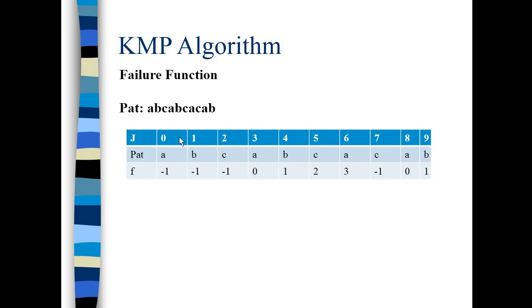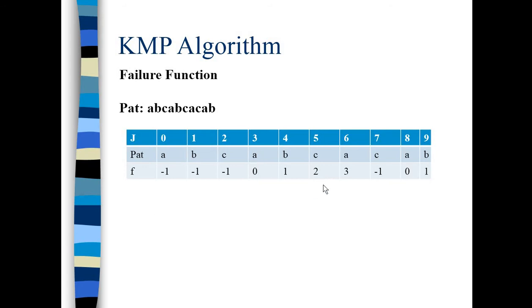Then there is a match, so the J value will increment by 1, so B. When B and B compare, this fourth character is matching with the next one, so this AB sequence is matching with this AB, so here we'll write 1, and the next one C. This ABC is matching with this ABC sequence, so here it will be 2. So 0 1 2 characters are matching with the 3 4 5th characters. Then the next one is A, so ABCA.